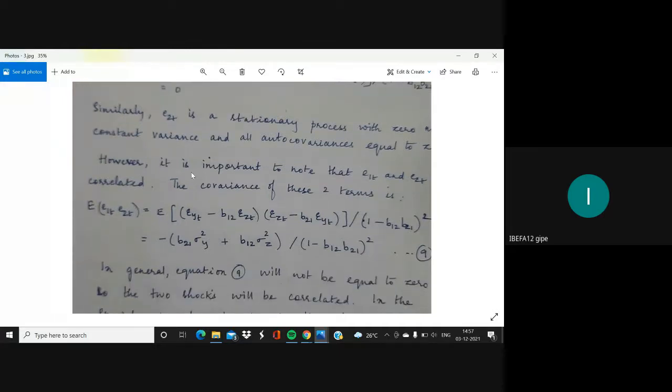But one thing is important to note here, that E1t and E2t are correlated with each other. Okay. And if you look at the covariance of these two terms, you will find that it is equal to this. Okay, I'm just giving you a moment to look at it carefully.